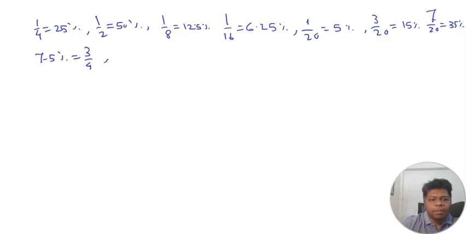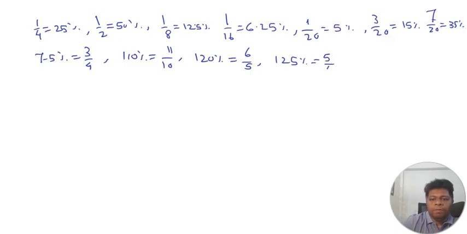Similarly, 110% equal to 11 by 10, and 120% equal to 6 by 5. Then 125% equal to 5 by 4. Remember that. Also 80% is important: 80% equal to 4 by 5.